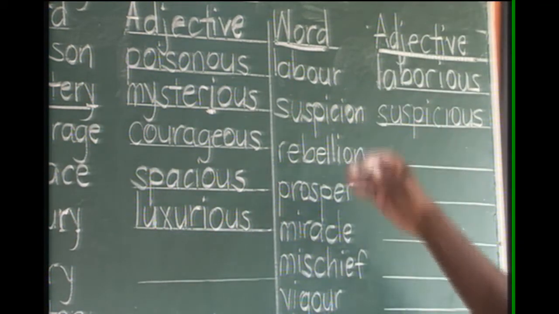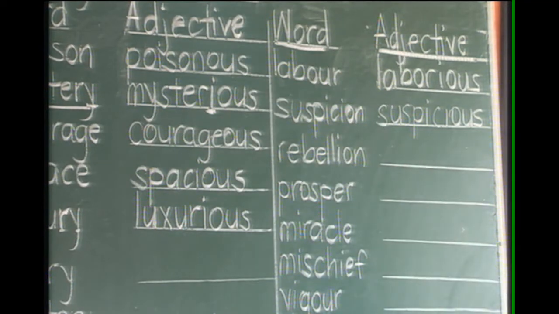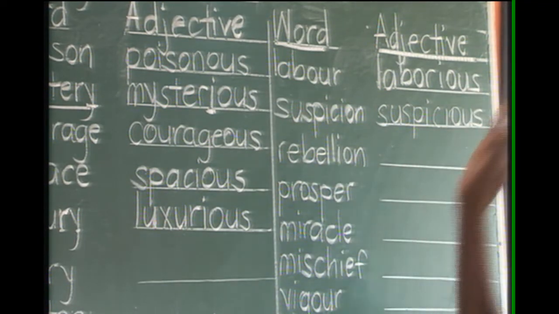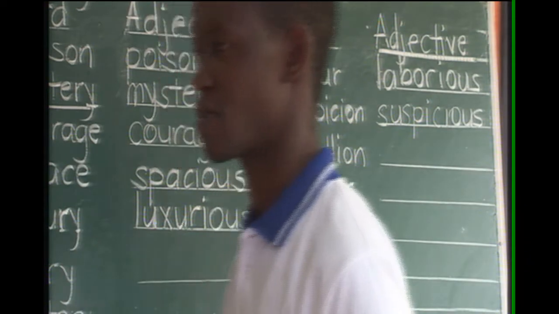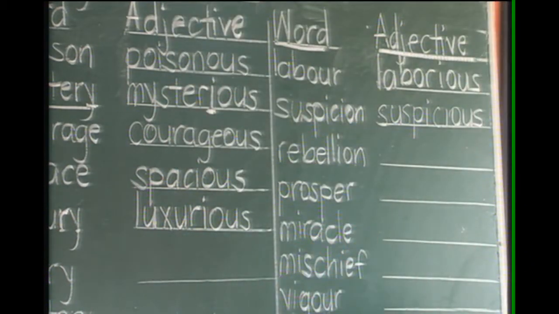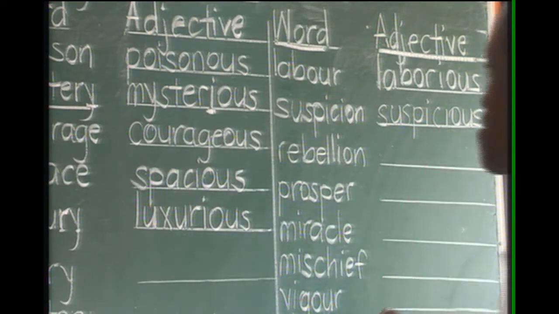When we come to the words we are listing, and their adjectives, you've not seen any capital letter at the beginning in any word. This is what's required in English. If you're writing a noun, an adjective, or any other part of speech, never use a capital letter unless you know you're writing a proper noun. But most of the words we're dealing with here are not in that category. So we're using strictly small letters.